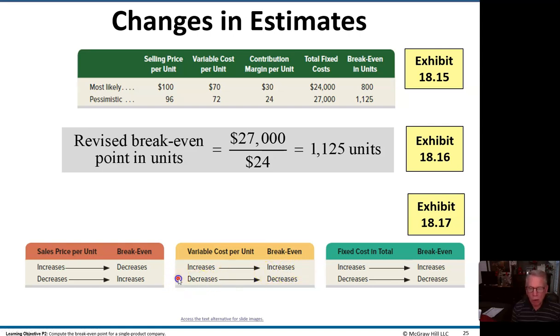If variable cost decreases, it decreases the break-even. Same thing with fixed costs. If fixed cost increases, that increases break-even. If fixed costs decrease, that decreases break-even. And I think you can see that quite easily here with the example they provide.